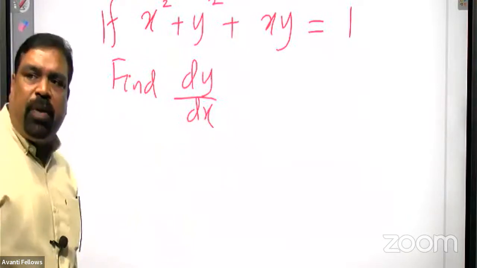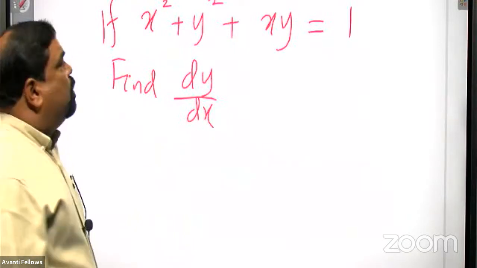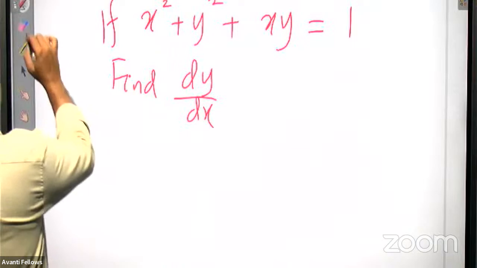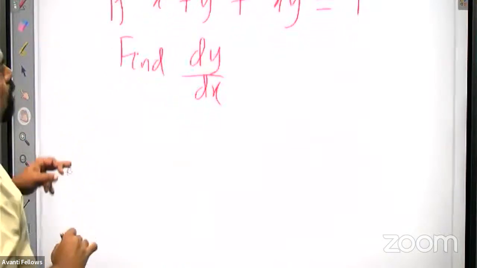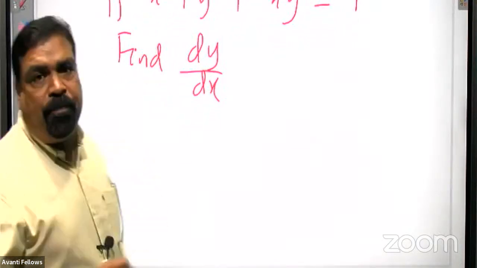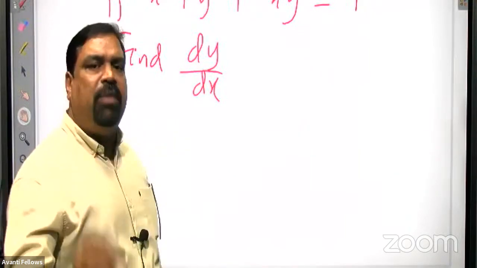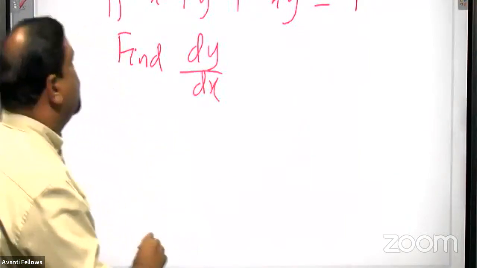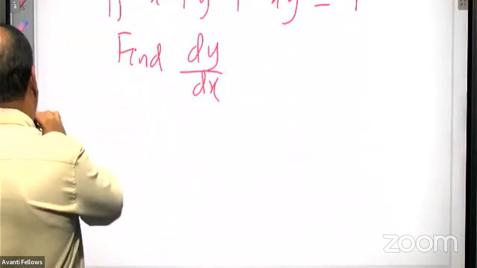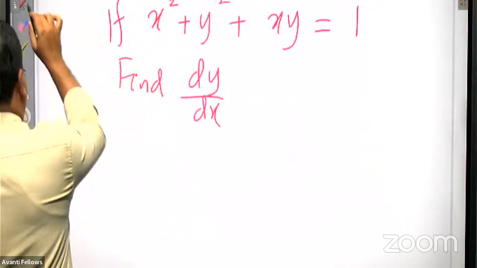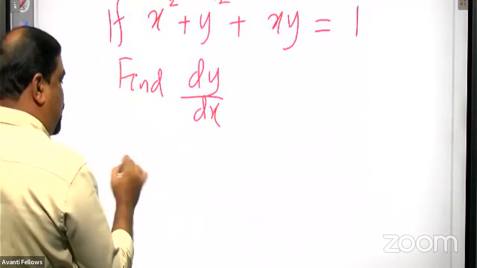What will we do? We differentiate each and every term with respect to x first. So the first term is x square.